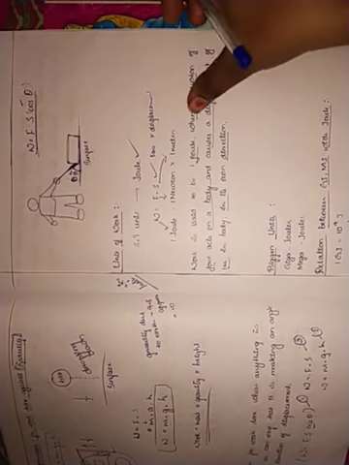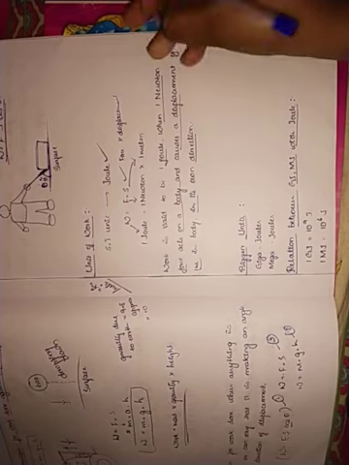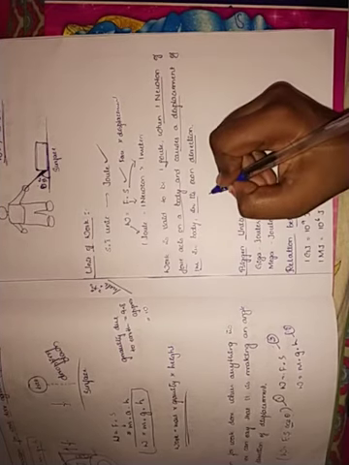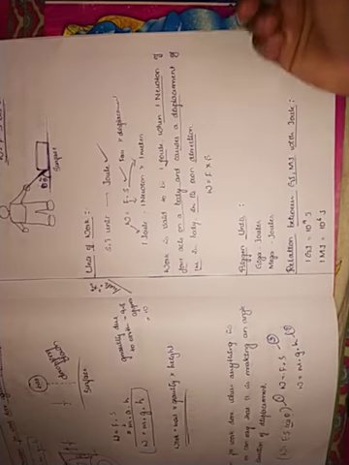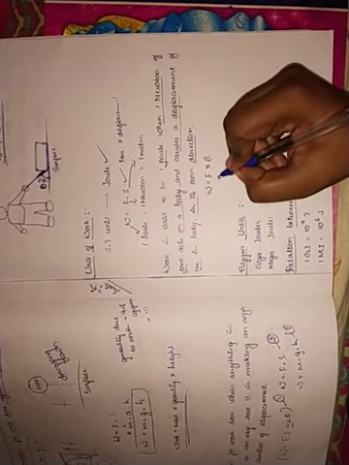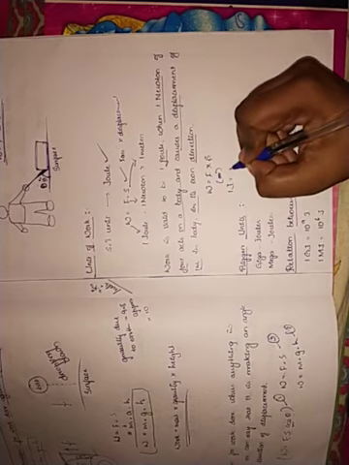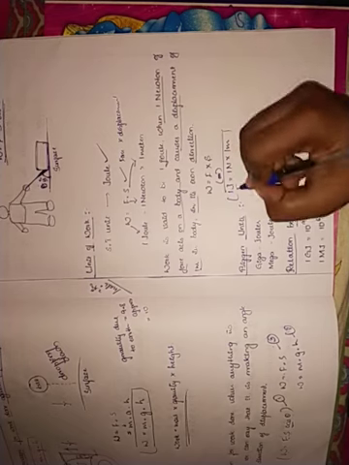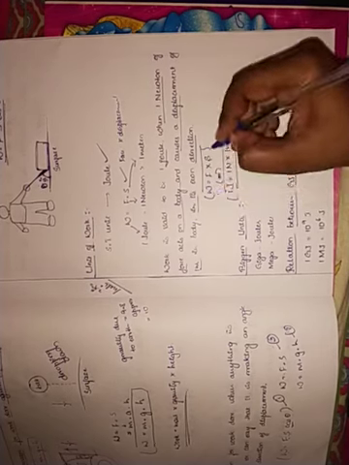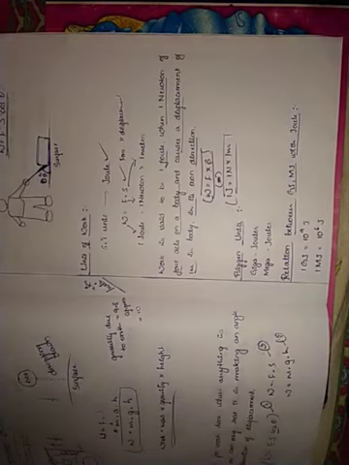So by this, I hope you got an idea of the unit of work. That is W is equals to F into S, or you can write it as 1 joule is equals to 1 Newton into 1 meter. You can write it like this or like this, anything which is convenient and easy for you children. Okay.